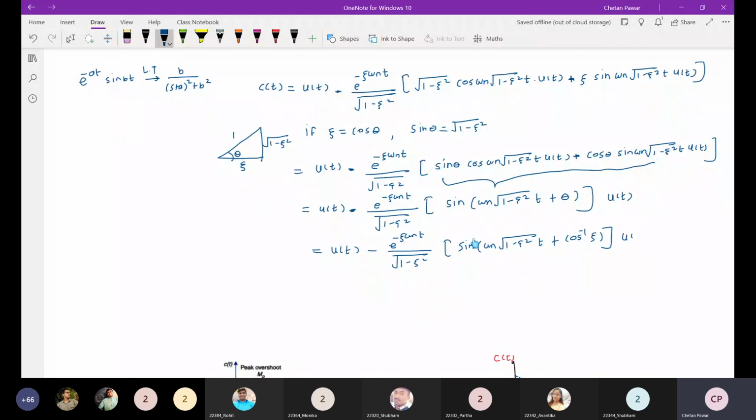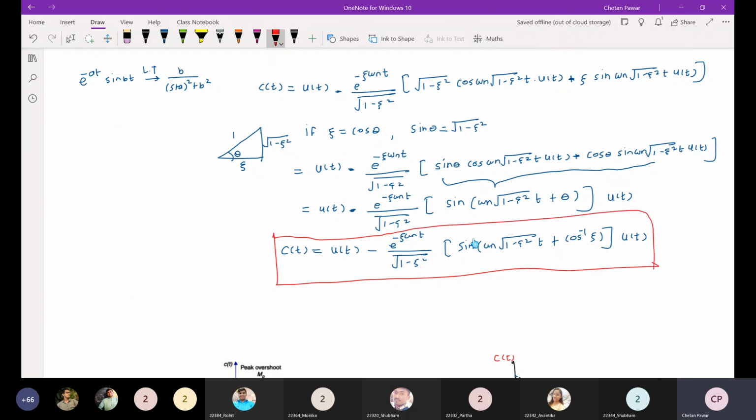Okay, so this is the c of t we got. So this is the step response when zeta is between 0 and 1, for an underdamped system.